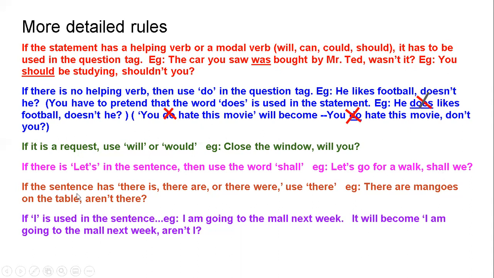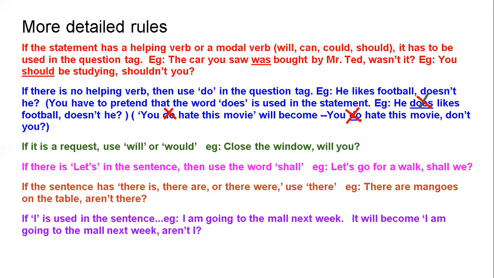If the sentence has there is, there are, or there were, use there in your question tag. For example, there are mangoes on the table, aren't there? And if you see I in the sentence, for example, I am going to the mall next week, it will become I am going to the mall next week, aren't I?